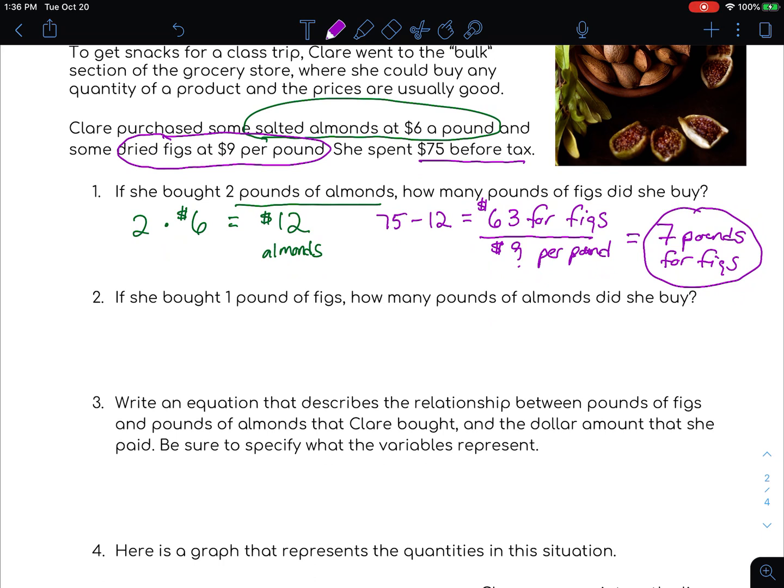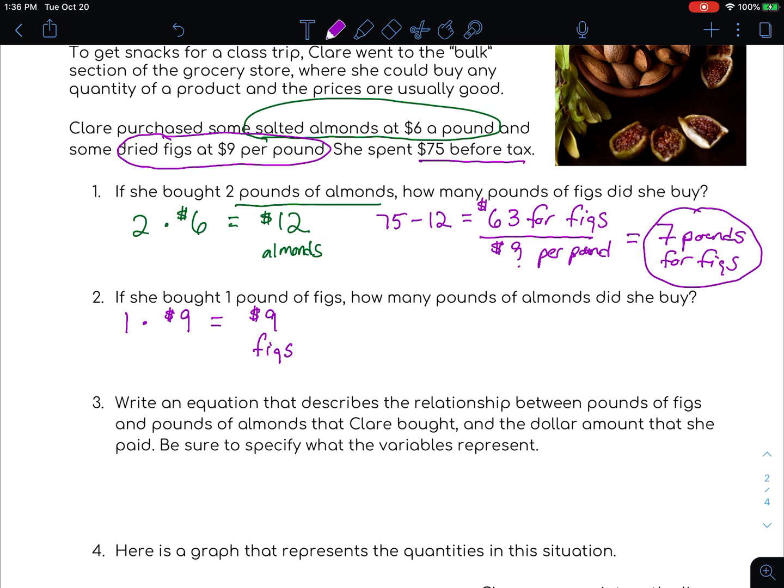All right, so let's do a similar problem here for number 2. If she bought 1 pound of figs, how many pounds of almonds did she buy? All right, so that means that we have 1 pound of figs at $9 per pound, and that is going to therefore be $9 for figs.